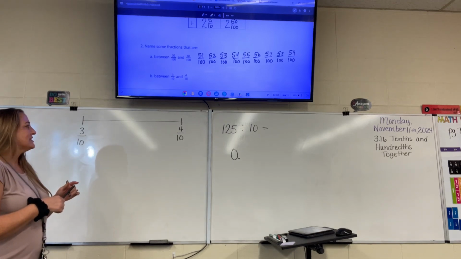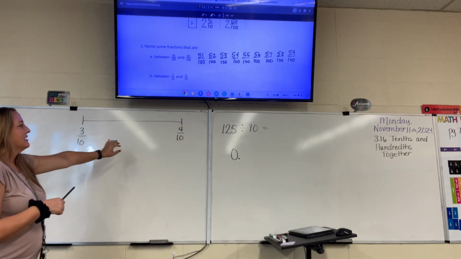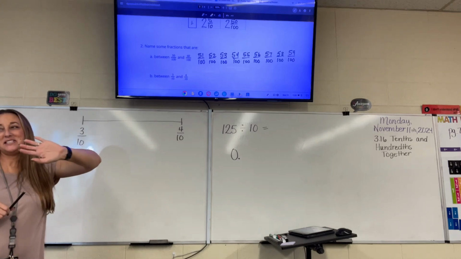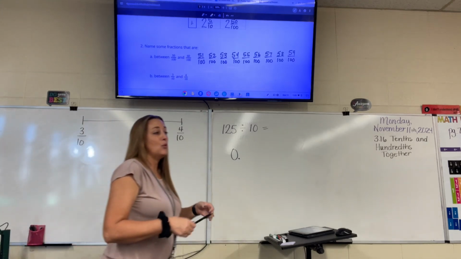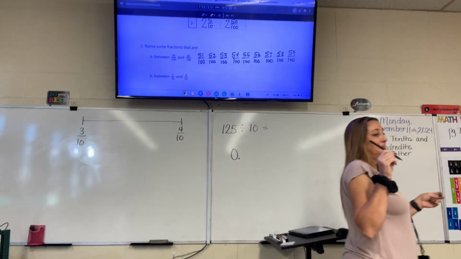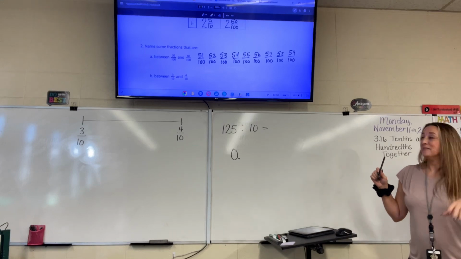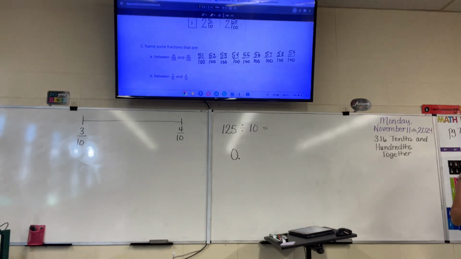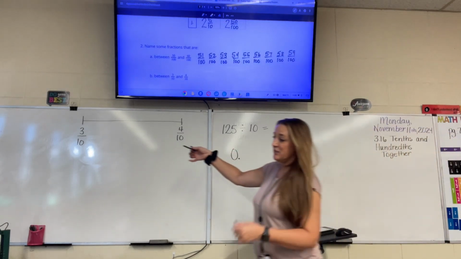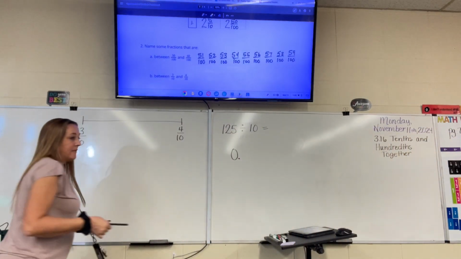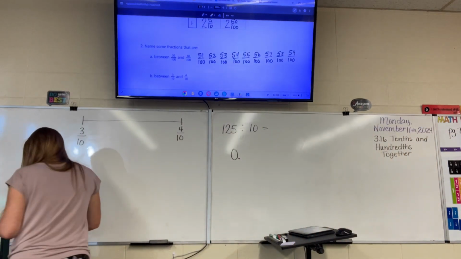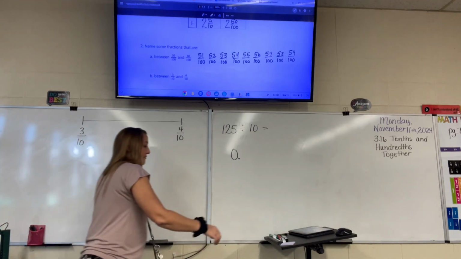Yes. Let's look at this though and see how we could make it more like the first problem. Todd, what do you think? Jackson? What can we do to make this easier to figure out? You could put a 0 at the end of all 4 of them, right?